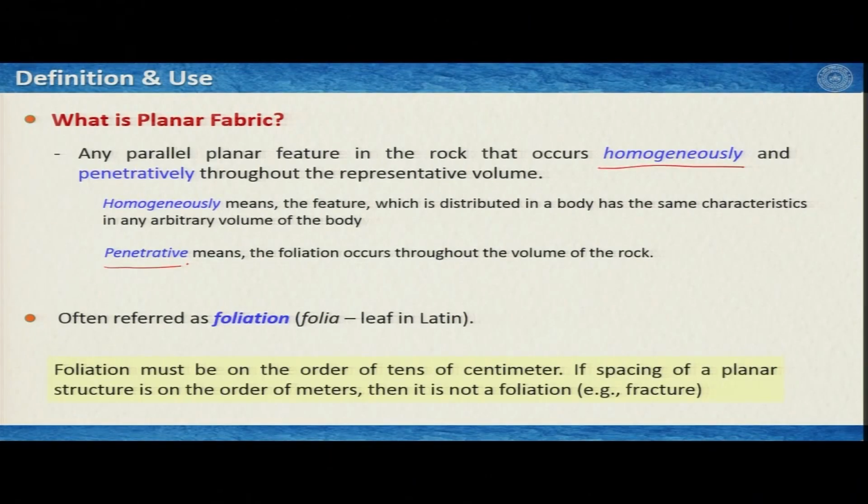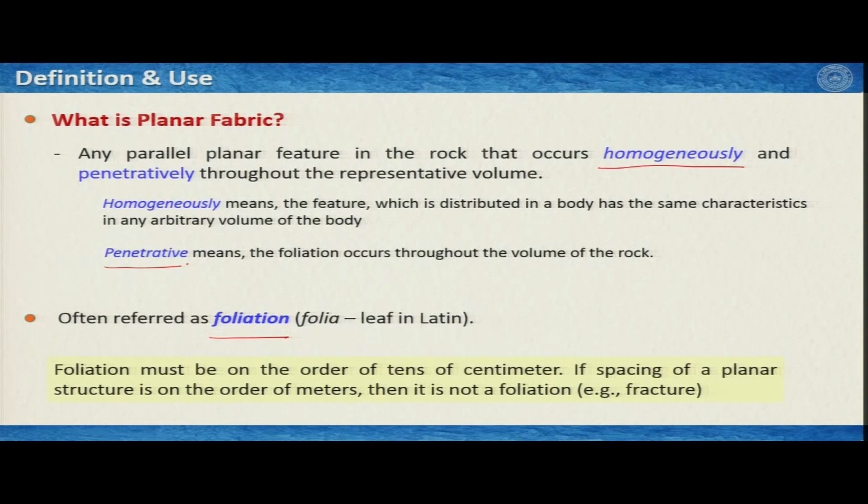So, the trace of the fabrics should be present at any orientation except the plane it is occurring. So, these planar fabrics, as we have already understood, are known as foliation. Now, the word foliation comes from the Latin word folia, which means leaves.